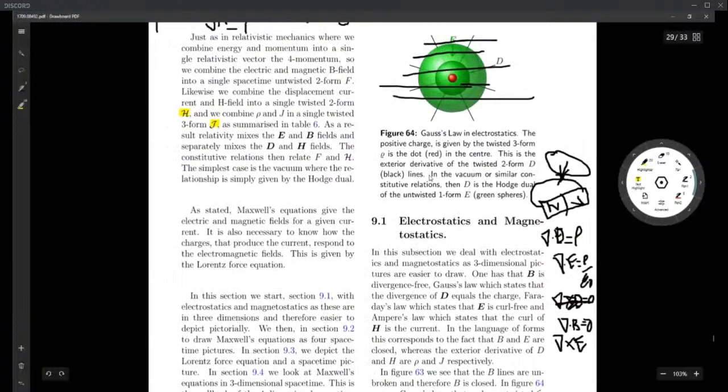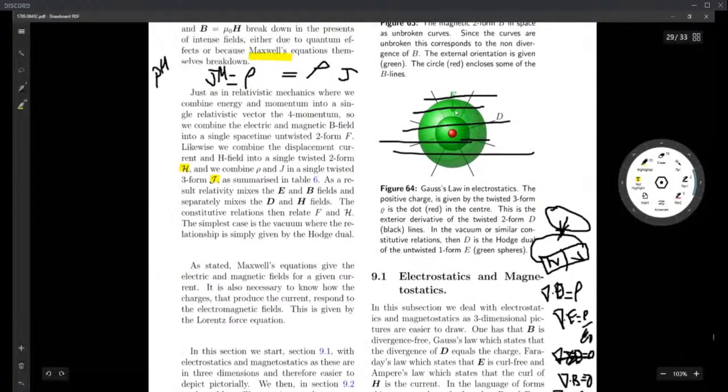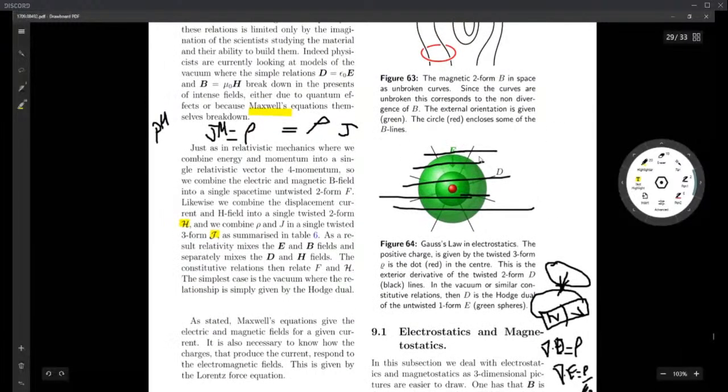And in a vacuum or similar constructions, you have a correspondence between the D and E. So D is basically the Hodge dual. These field lines are basically the Hodge dual of the rho that is causing these field lines. So you have two different pictures for just one electrostatic situation that's going on here.